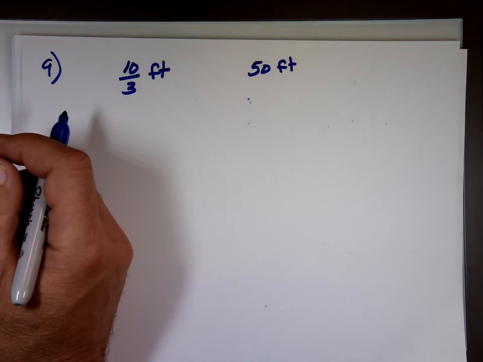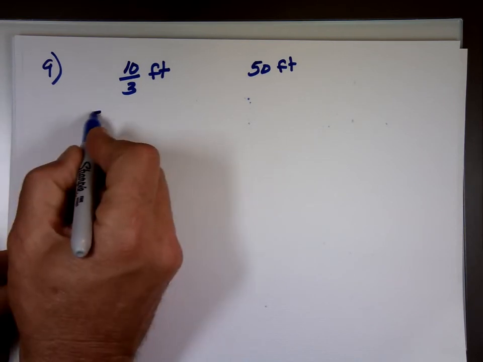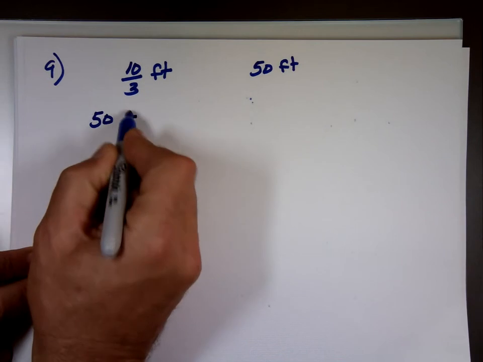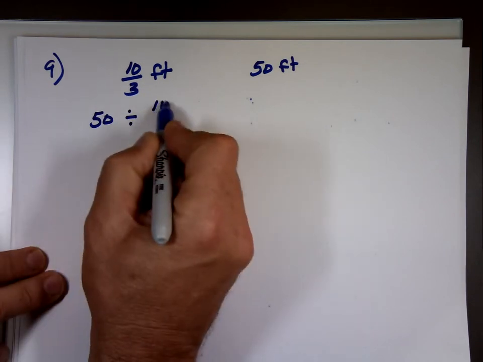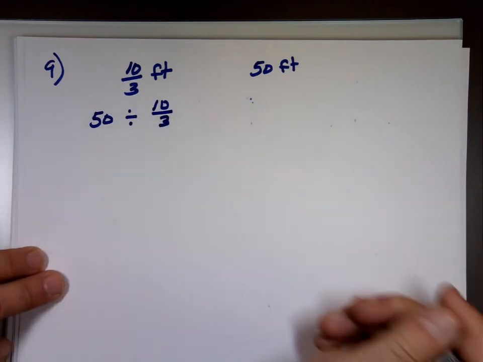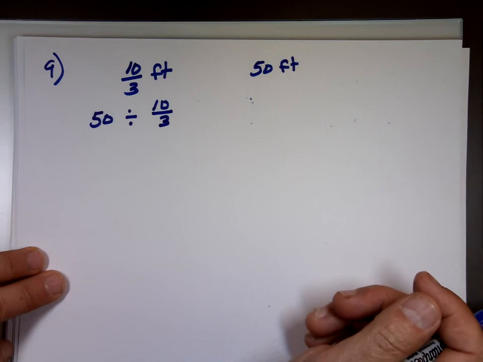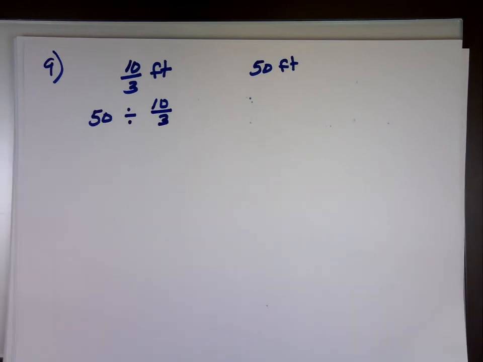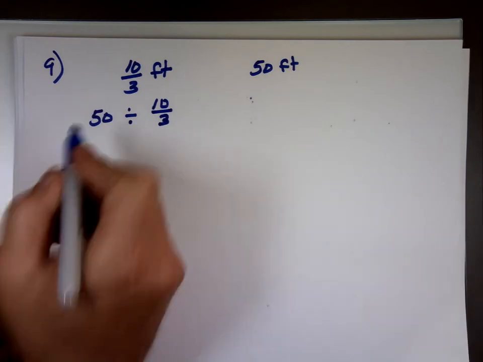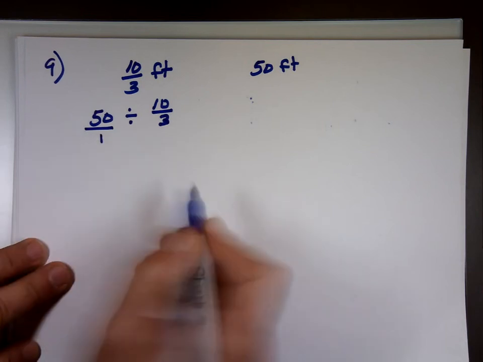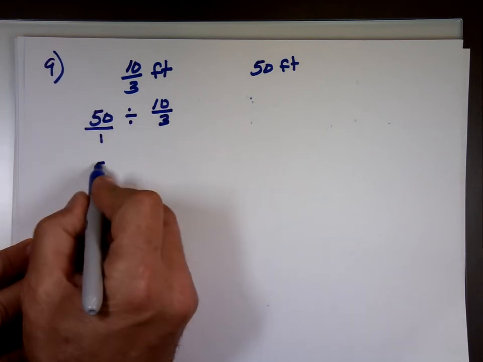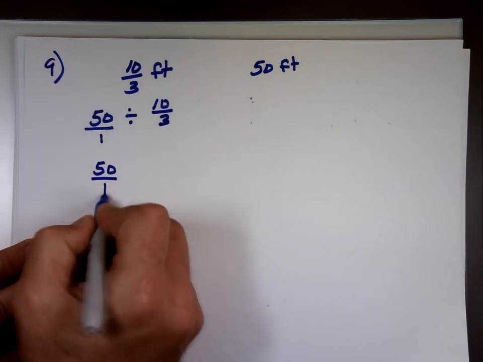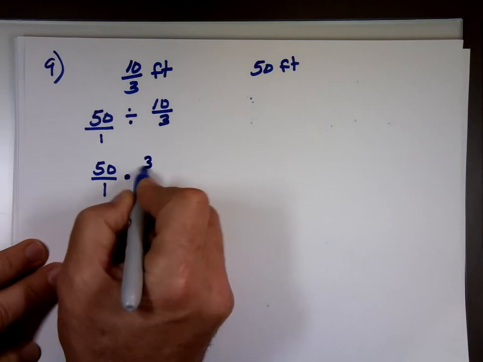So what do we do? Divide 50 by 10 over 3. You've got a 50-foot hose. It's like if you want to cut it into 10 over 3 feet each, how many pieces are you going to have? Well, the 50 is 50 over what? 1. So I'm going to take the division, change it to multiplication, and make that 3 over 10.